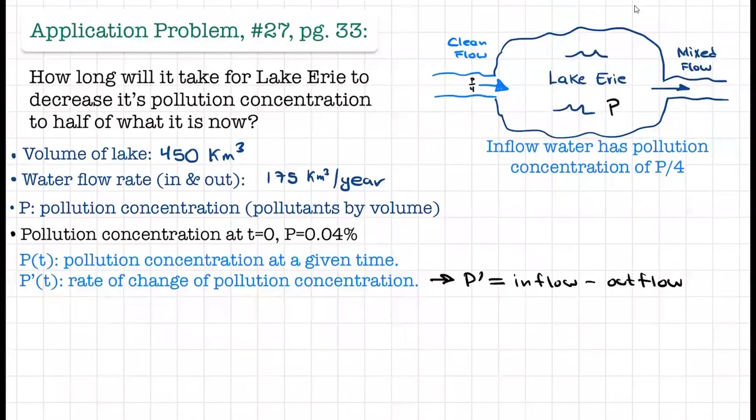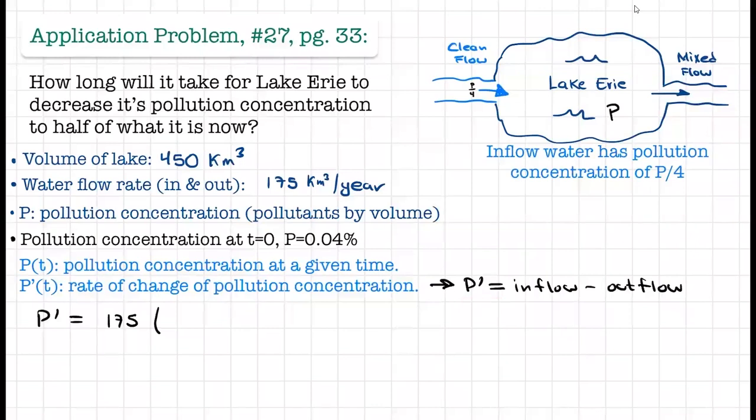If we rearrange our terms, P prime is equal to the total water flow rate that comes in and out, so that's 175 cubic kilometers per year. That's how much water, but we need to identify how much pollution comes in, and the pollution is a percentage with regard to the volume of water.